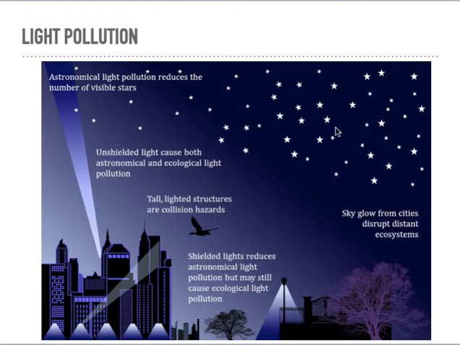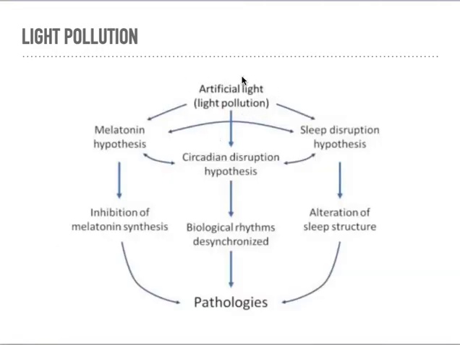And you can say, okay, who cares about seeing the stars? I don't care. Okay, the problem is also that artificial light, which is light at night that you don't need, and you're not designed to have light at night, because you should be sleeping when there's no light, is going to alter all your biological processes.